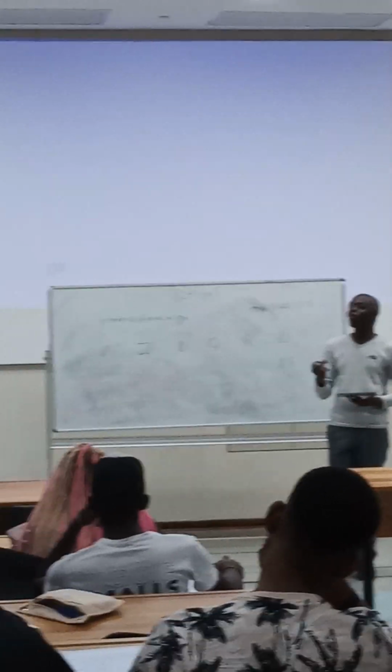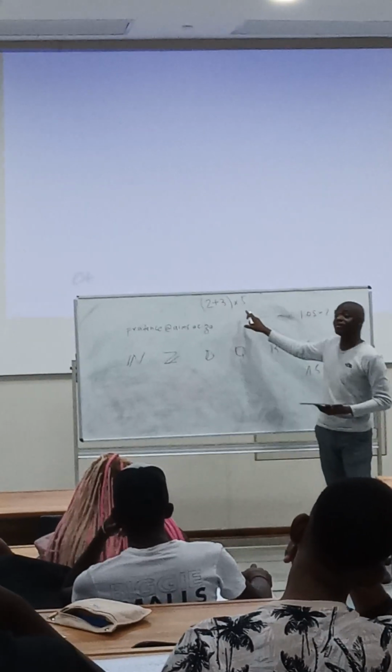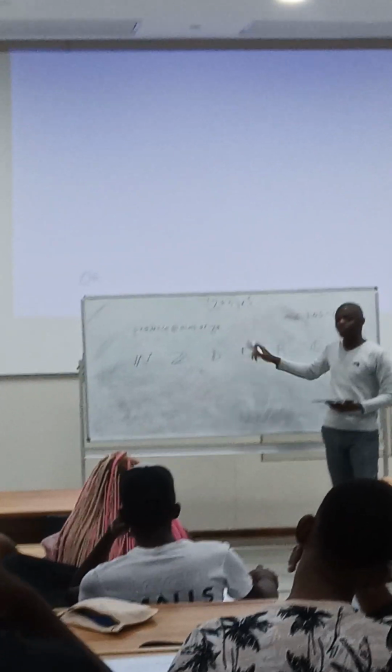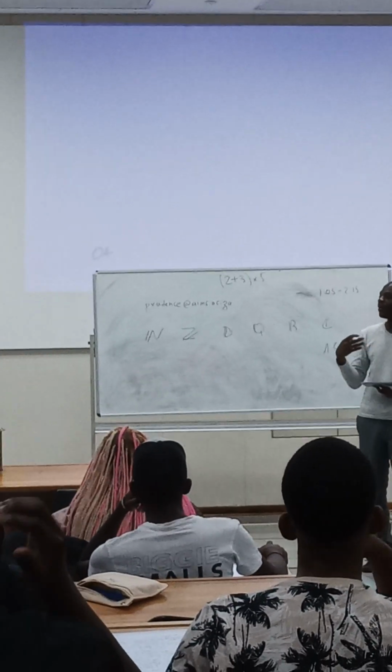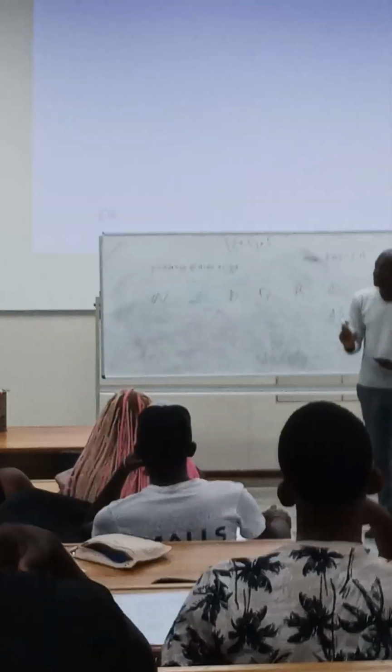Which type of law are we going to use? We will be seeing that there are some laws called associativity, commutativity, distributivity. That's what we'll be learning. So that's the basic thing. If I say something you don't understand, just stop me anytime.